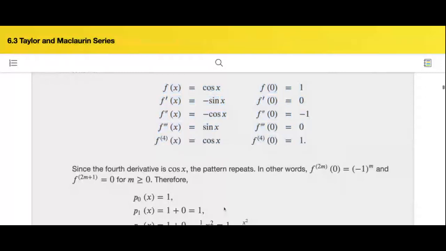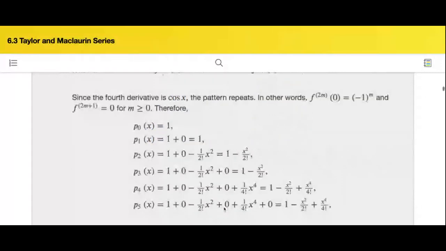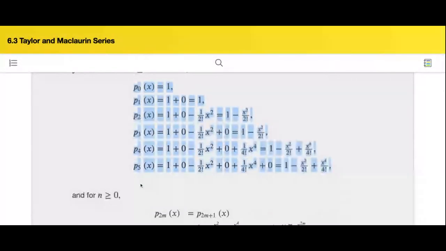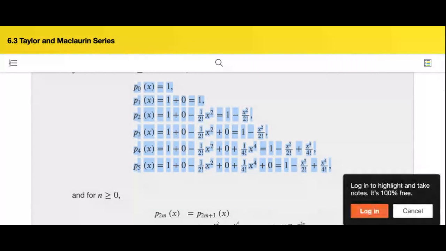Then we plug in, so in general we have negative 1 raised to m for the order 2m derivative. Then we plug into the Taylor series definition. So we get this, right? We calculated up to fifth order of derivative.